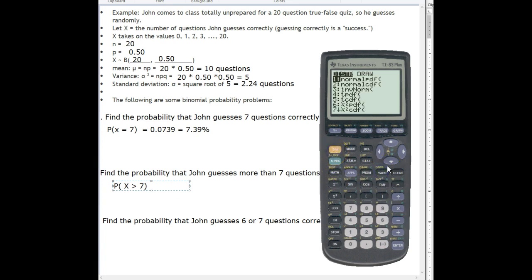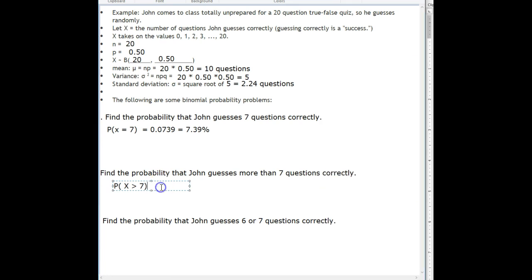So second distribution, we're going to go down to that binom CDF. Enter 20, 0.5, 7, close parentheses, and we get an answer of 0.9260, round up to 61. So 92.61% probability that he would guess more than 7 questions correctly.